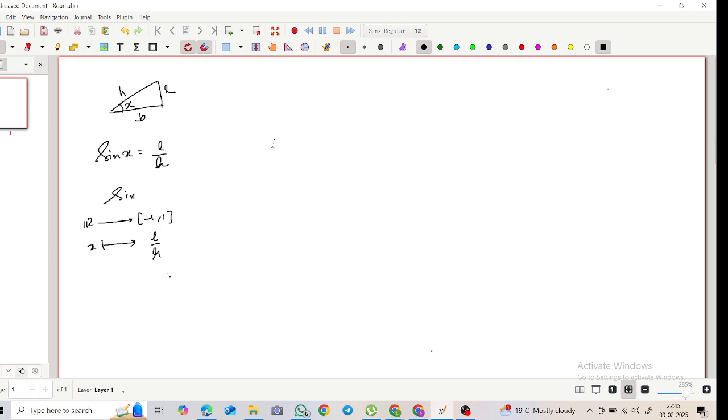The problem is that you also know that sin x is differentiable, and the derivative is cos x. We all know that. We also know that it has an expansion, the Taylor series expansion, like x minus x cubed by 3 and so on. How do we relate it?